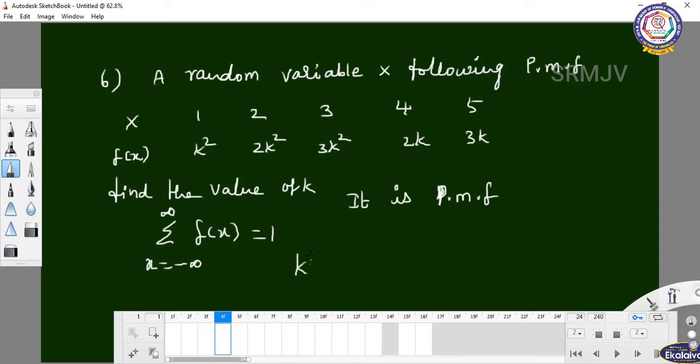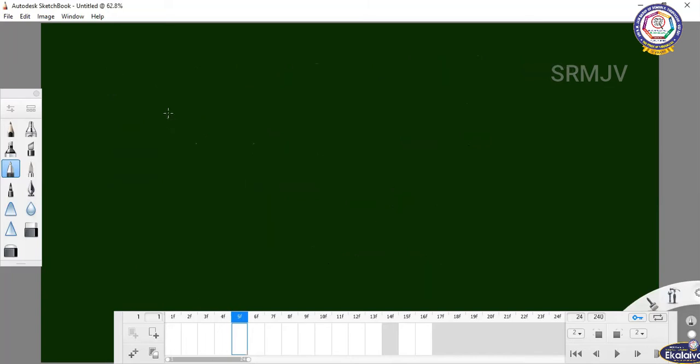So k square plus 2k square plus 3k square plus 2k plus 3k equal to 1. So 6k square plus 5k equal to 1, that is 6k square plus 5k minus 1 equal to 0.